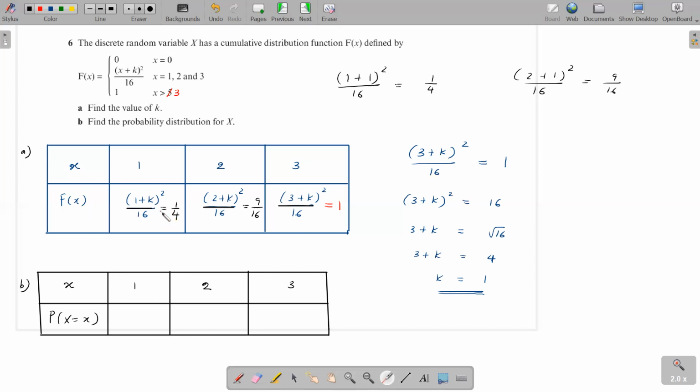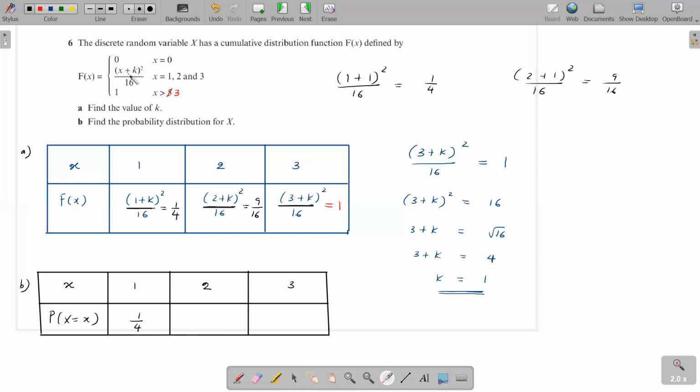But for the first x value, since there are no x values behind it, the cumulative probability and the real probability are both the same. Do you agree? In the second one, how do you get the cumulative value of F2? You get F2 by adding the two probabilities in the probability table, isn't it? So this 1 over 4 plus the individual probability of 2, you add them together to get 9 over 16.